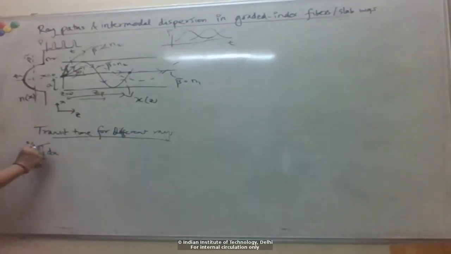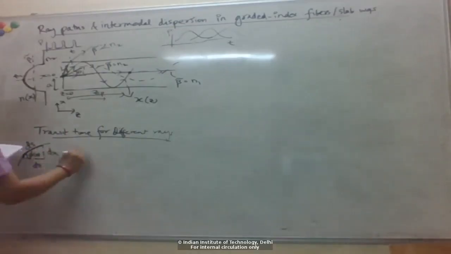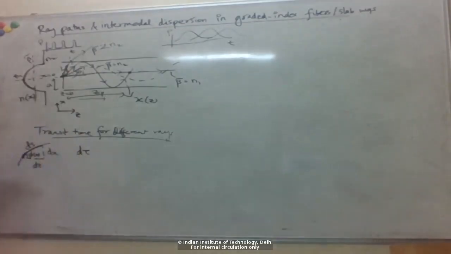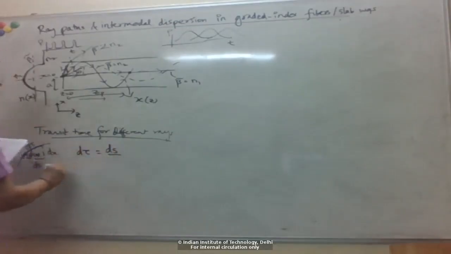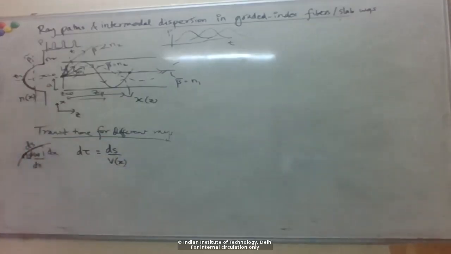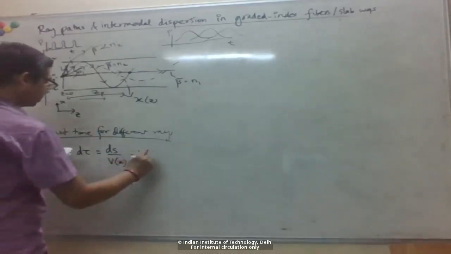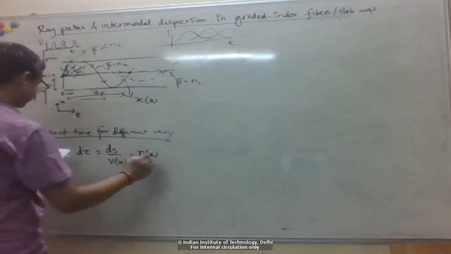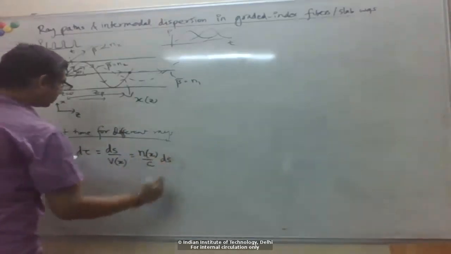The time that it takes to cover this small distance ds, let's call that d tau, will be just the distance ds divided by the velocity at x. The velocity is basically c over n, where n is the refractive index at the coordinate x.